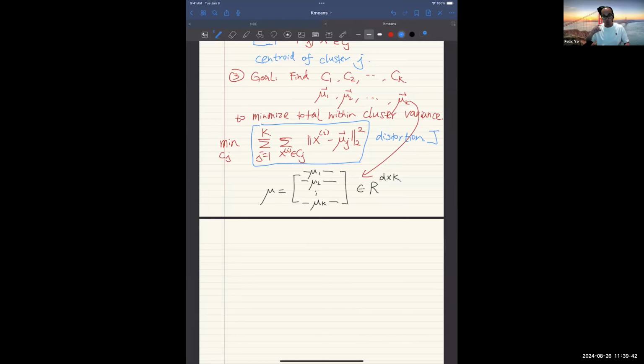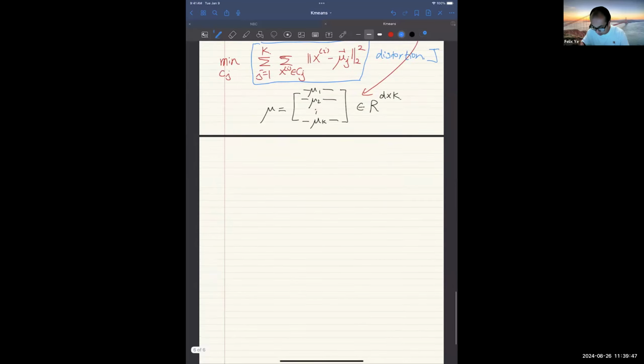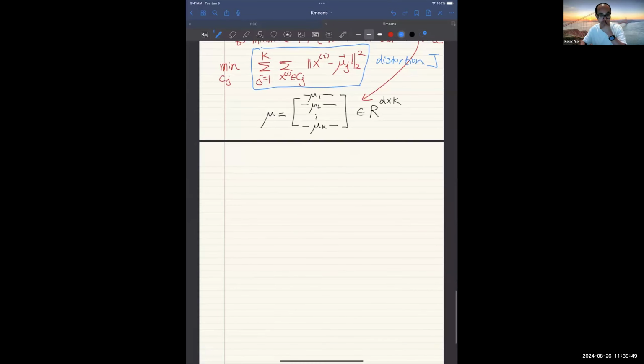So we can vectorize everything. If we vectorize this distortion, that means we are not using each data entry x separately. We're using all the x in a matrix.